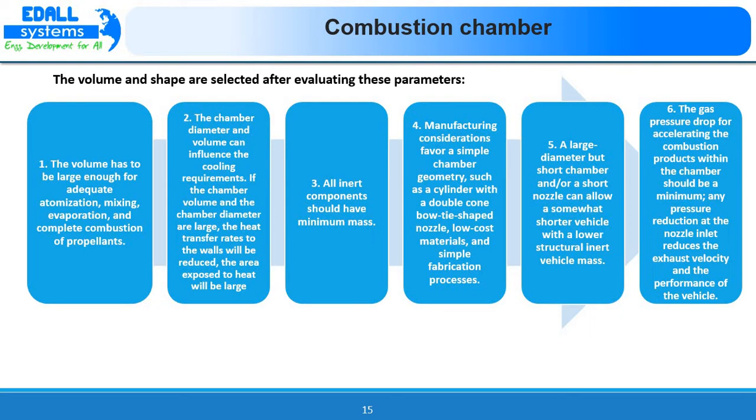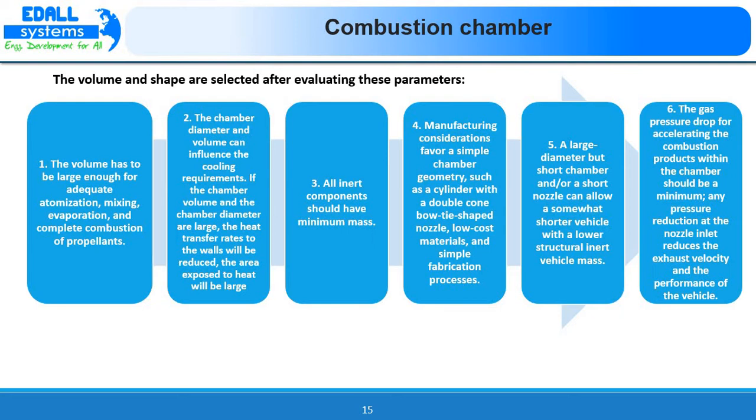Then the manufacturing considerations favor a simple chamber geometry, such as a cylinder with a double cone, bow tie shaped nozzle, low cost materials, and simple fabrication process. And the fifth point, a large diameter but short chamber and or a short nozzle, can allow a somewhat shorter vehicle with lower structural inert vehicle mass.